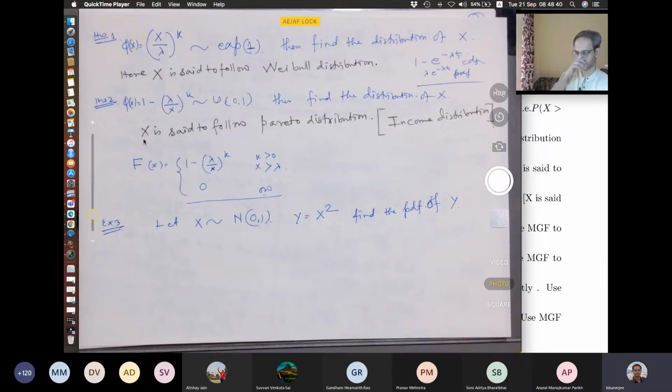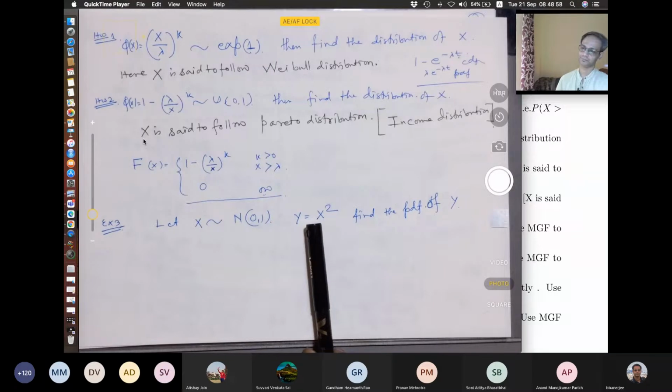So how do you do that? Remember, here x square is not a one-to-one function. So it is not even a monotonic function. So what will you do?